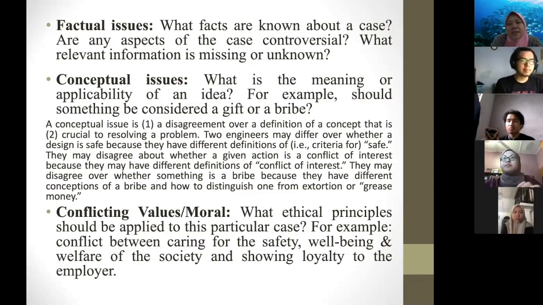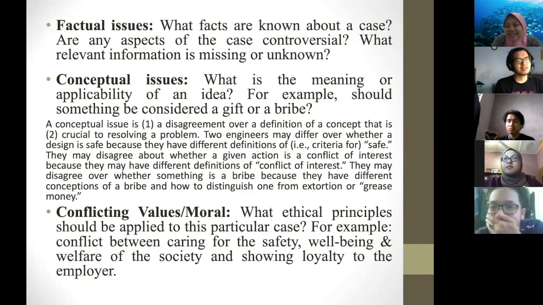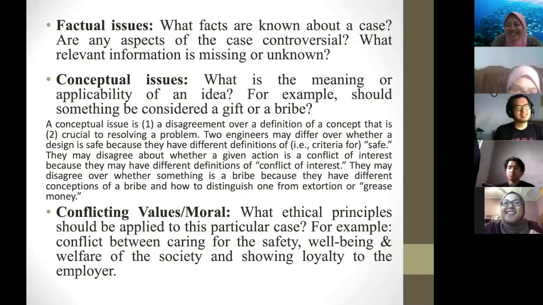For example, what's the English for ngumpat? Talk back, backbiting. Thank you, backbiting.